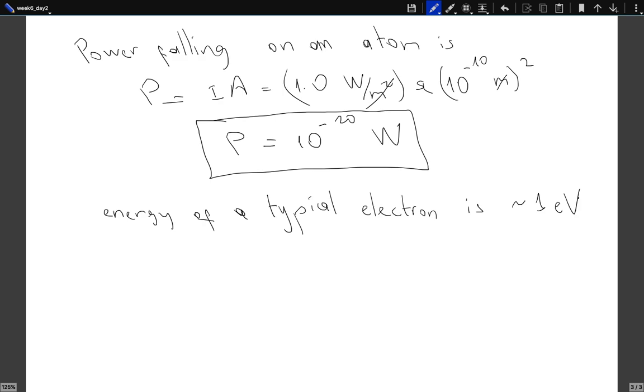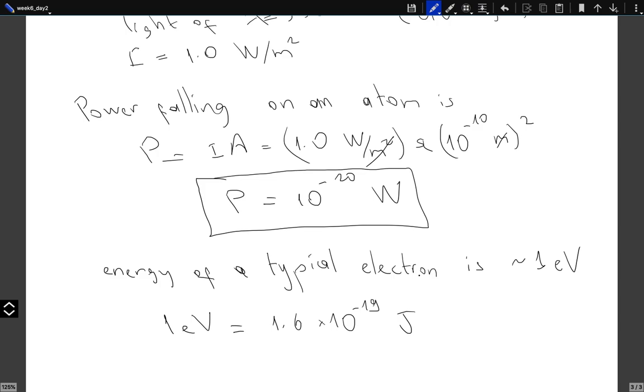It can be 2 electron volts, 5 electron volts, but typically of the order of electron volts. How many joules does that make? 1.6 times 10 to the power minus 19 joules.